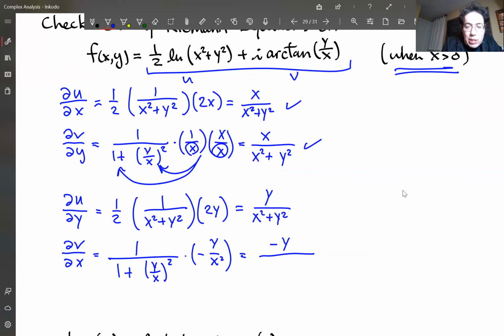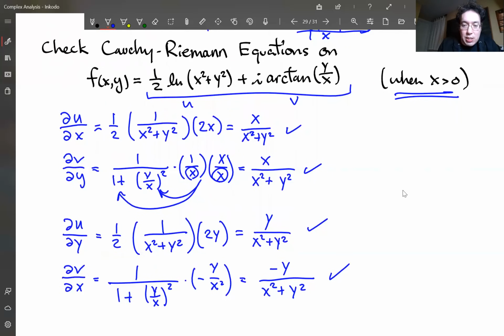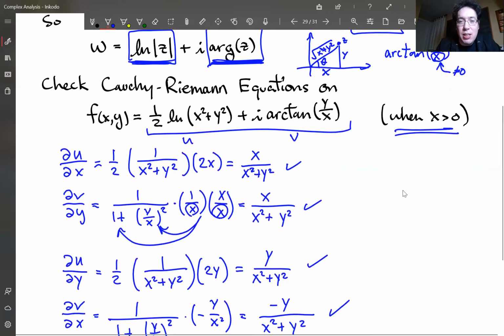And if I distribute the x squared, we get what we wanted. So this function does satisfy the Cauchy-Riemann equations. These guys are continuous as long as we stay away from the origin where the denominator is equal to 0. Other than that, it's analytic.